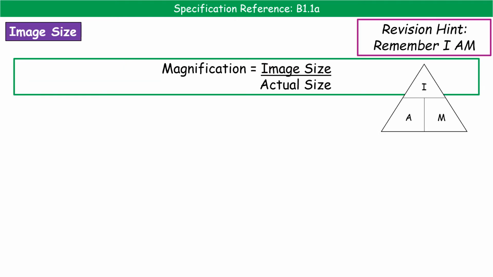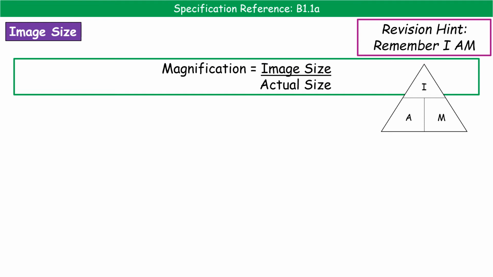The second calculation that I mentioned earlier is all about using this formula here. So magnification is the image size divided by the actual size. They could ask you to calculate any of those three parts from information they give you in a question. So if it's the magnification, quite simply image size divided by actual size.